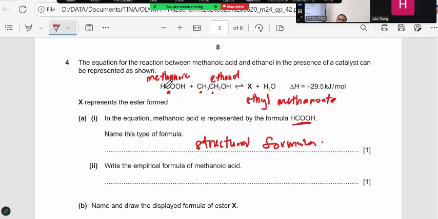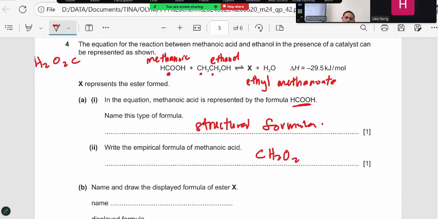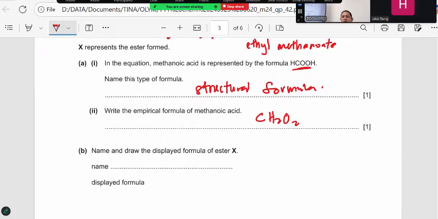If you look at it carefully, it's H2, O2, and C. Can you simplify it anymore? No. You write C first: CH2O2. Usually in formulas, we write C, then H, then O. You can't simplify it because there's only one carbon.